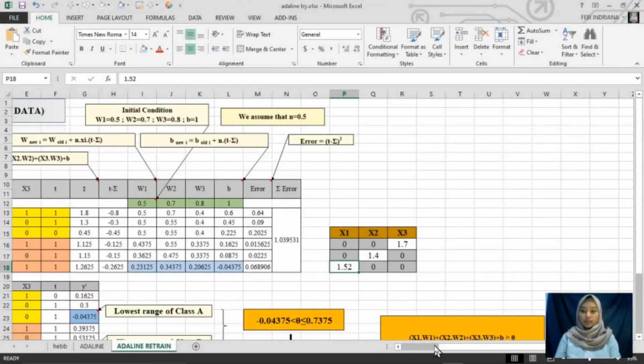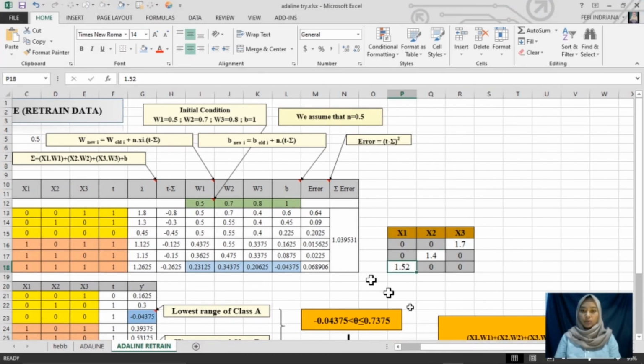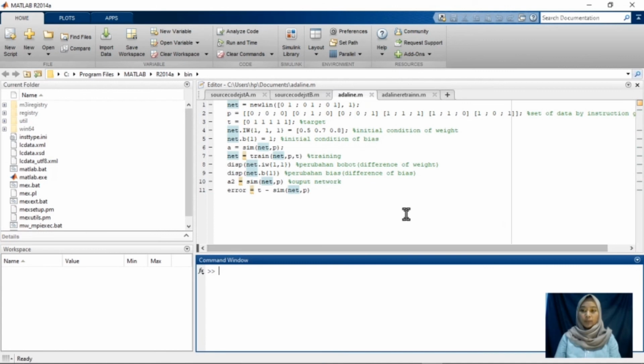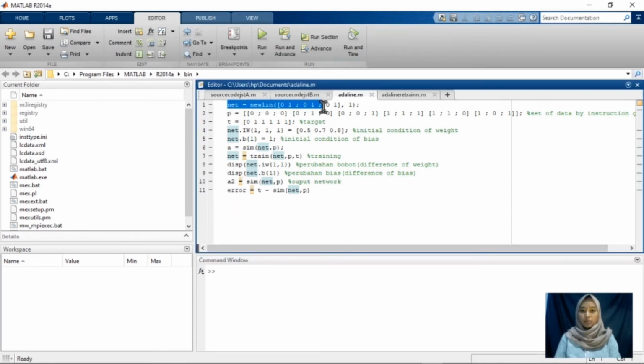In this case, I also use MATLAB software to solve the linear problem by using ADALINE training. We can use the editor or the command window in MATLAB. I try to use the command window in MATLAB.